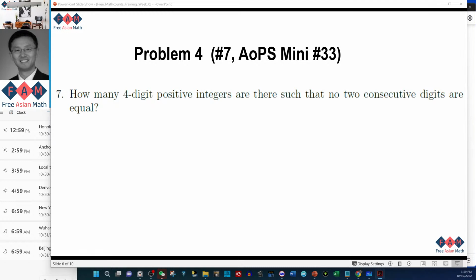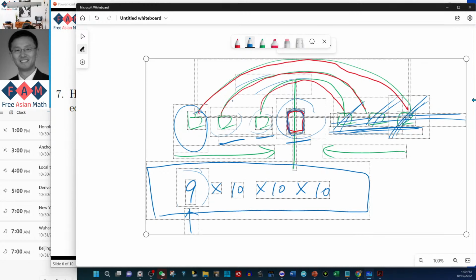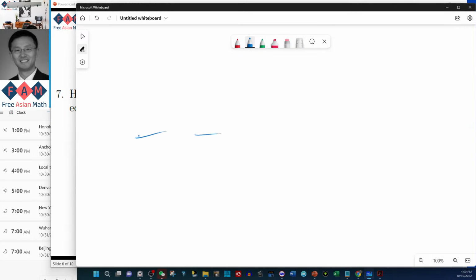The constraint here is no consecutive digits are equal. It's not easy to break this down into some cases, right? Because there are too many cases where there are no two consecutive identical digits.